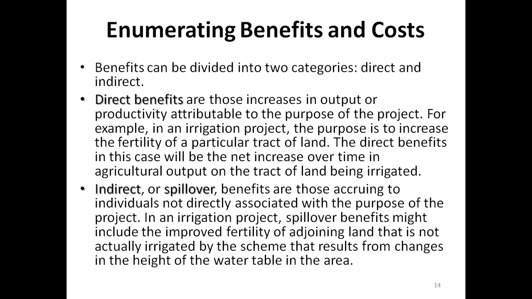For example, in an irrigation project, the purpose is to increase the fertility of particular tracts of land. The direct benefits in this case will be the net increase over time in agricultural output on the tract of land being irrigated.